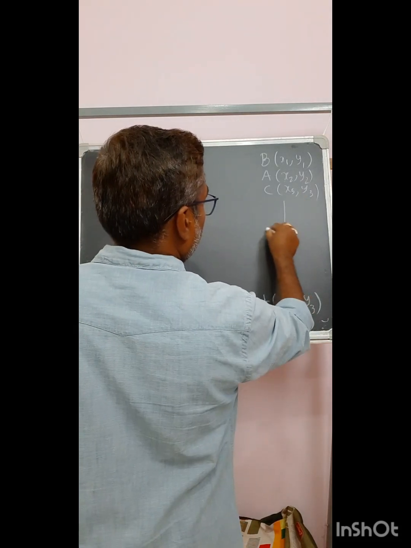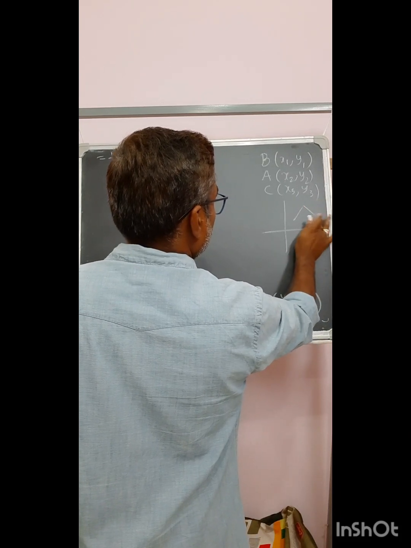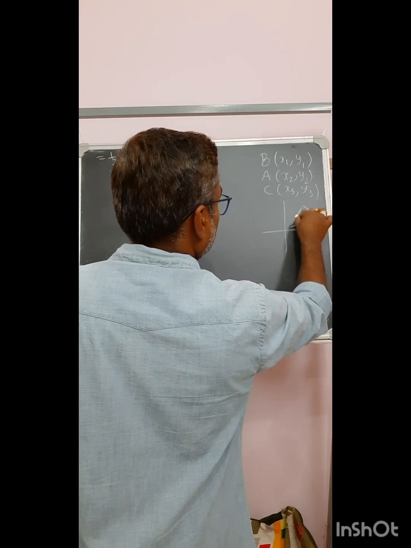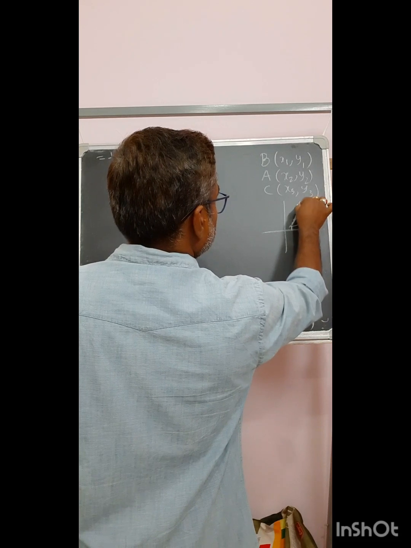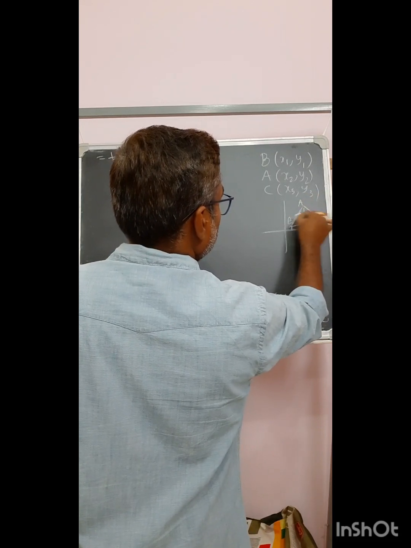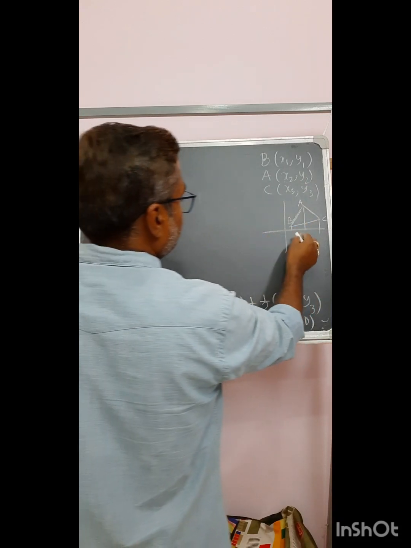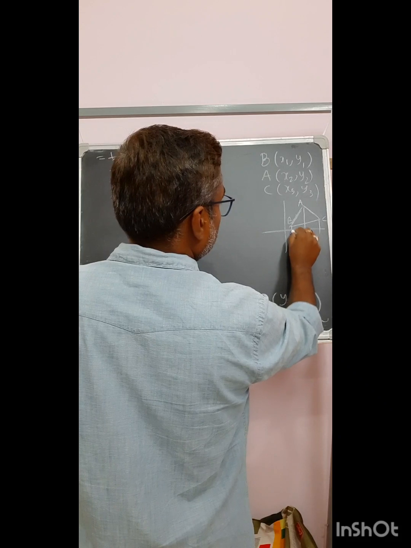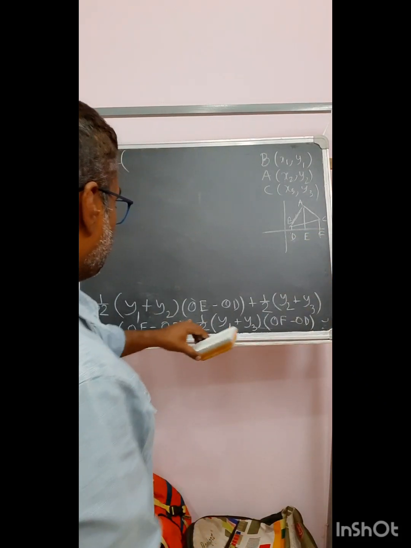I will draw the figure again so that it will be clear. I drop a line here, here, and here. This is A, this is B, this is C. A or B is x1, this was E, this is D, E, F.